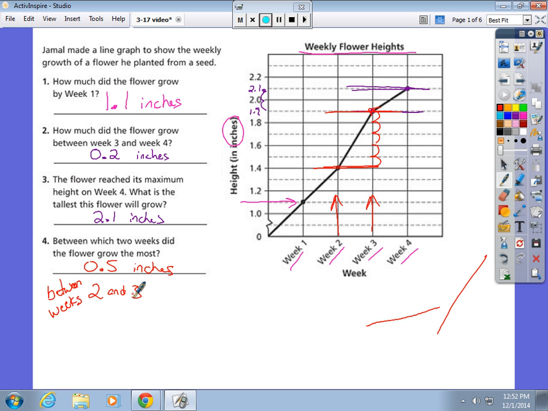Okay, looking here, we only grew, and I'll change colors to light blue, 1, 2, 3/10 of an inch. Here we grew 2/10 of an inch. So yeah, the greatest growth would be right in through here. That's our greatest section of growth.